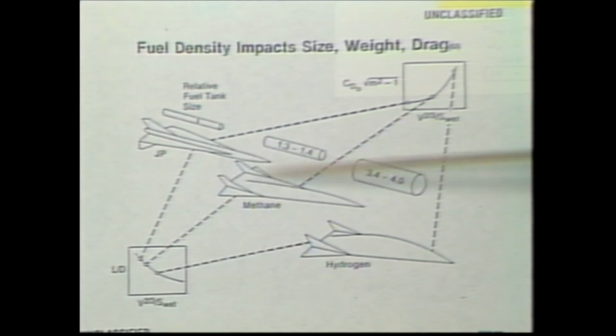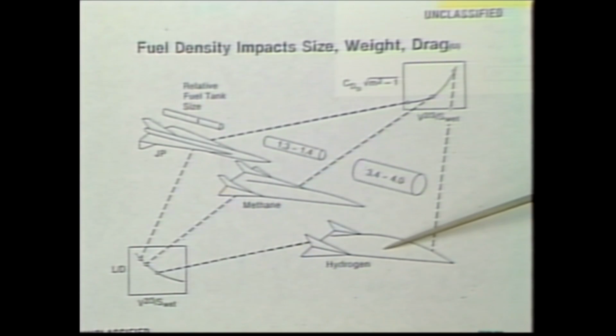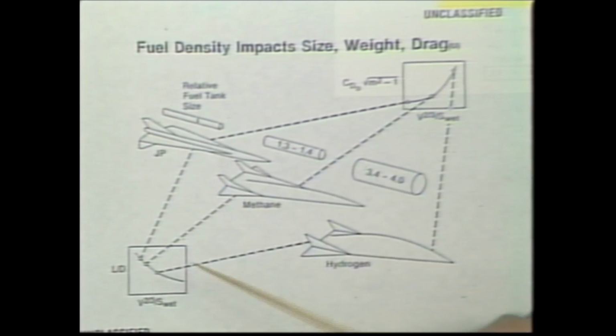As you go from lower speed vehicles to very high speed vehicles, the volume has to increase due to, first of all, the fuel mass requirements to get you to those high speeds, and also because of the density of the fuel. And your drag will then increase for those higher volumes and lower volumetric efficiencies. And similarly, your lift-to-drag ratios will go down. That's an interesting trait I just wanted to point out.